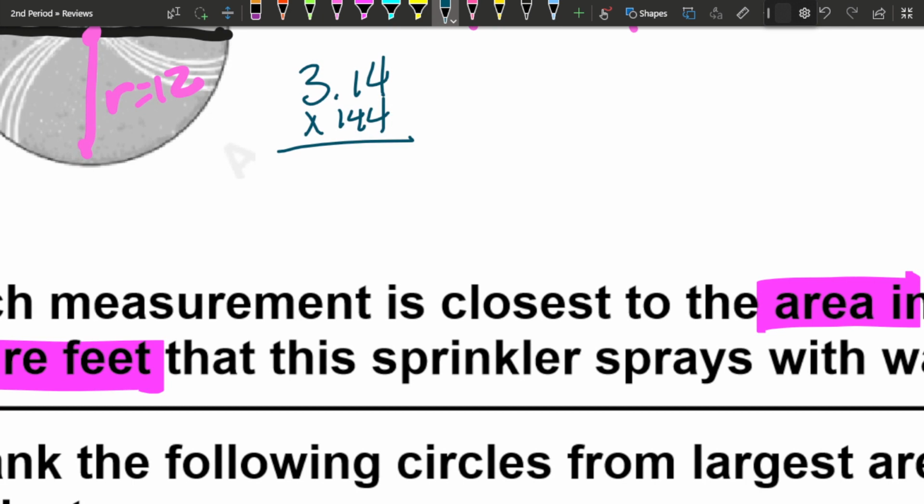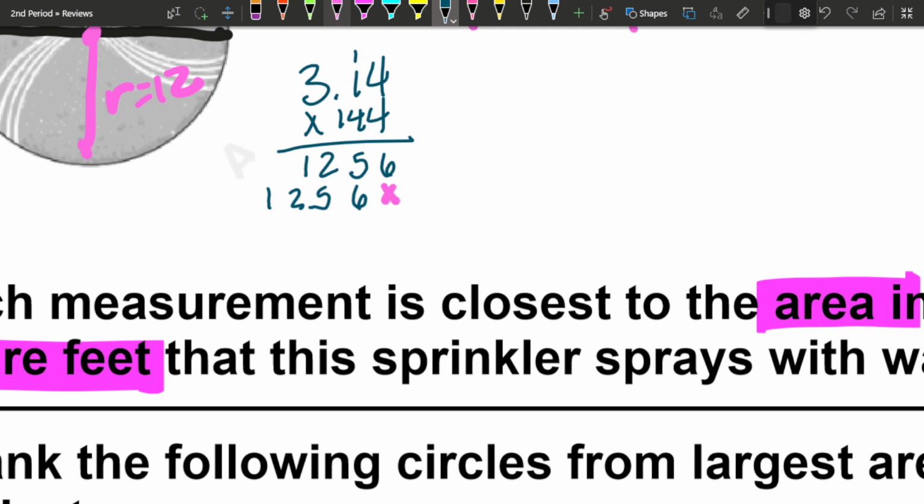4 times 4 is 16. Carry the 1. 4 times 1 is 4, plus 1 is 5. And 4 times 3 is 12. Very good. Now, skip right there. And then 4 times 4, I'm multiplying the same number, so this is just going to repeat.